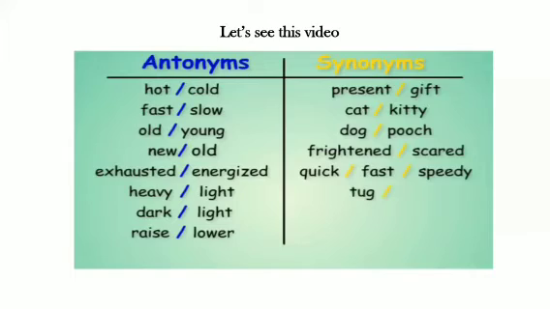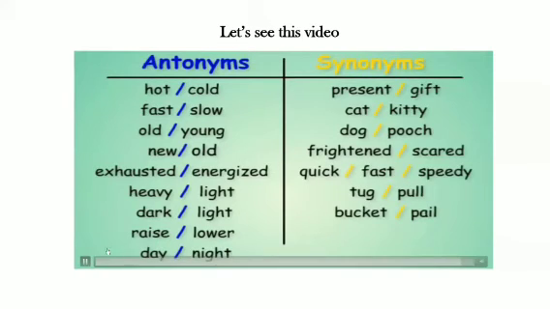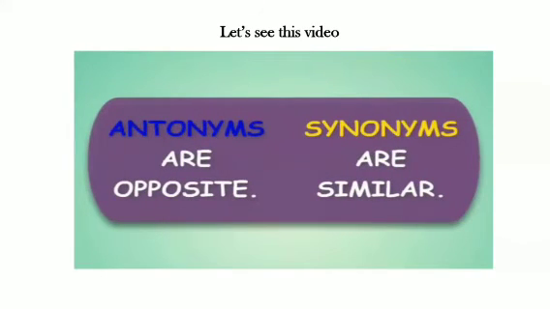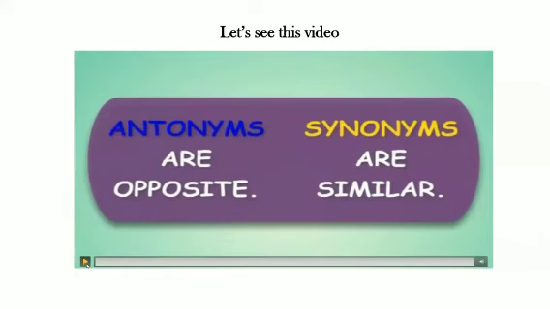Tug is a synonym of pull. Also, they can be nouns. You'll find a lot fewer nouns that have antonyms, but there are a few. Day and night are antonyms. Bucket and pail are synonyms. All you have to do is remember this: antonyms are opposite and synonyms are similar.